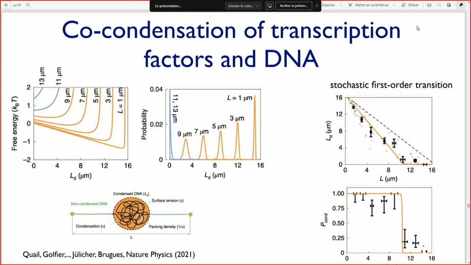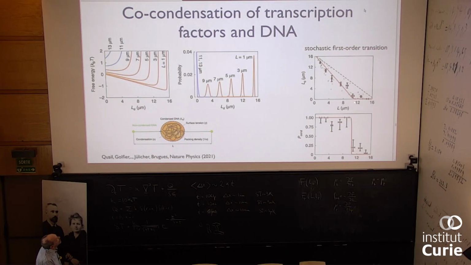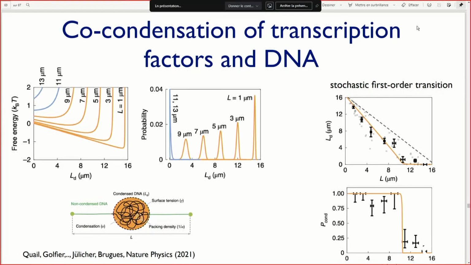Here you see the LD as a function of L. So the droplet sizes are large when L is small. These are data points in the simple model. And this is sort of a first order transition between having a droplet and not having a droplet, depending on length. The axis is moved out of the image here. This would be the probability to have a condensate as a function of extension. And there's a jump-like change, a first order transition.